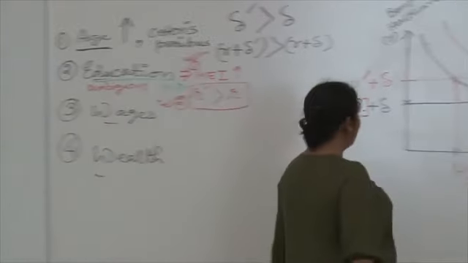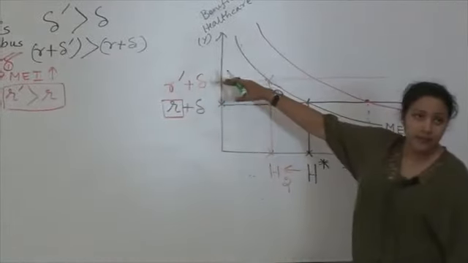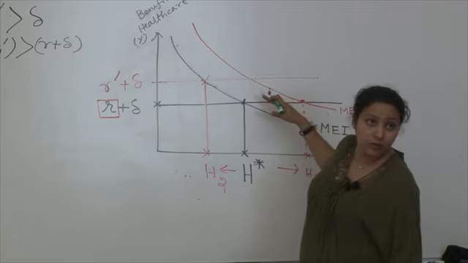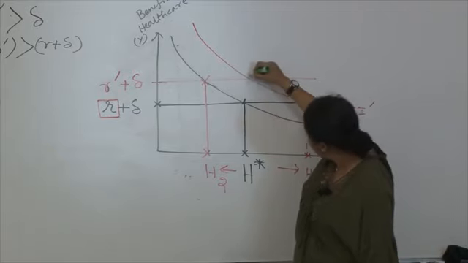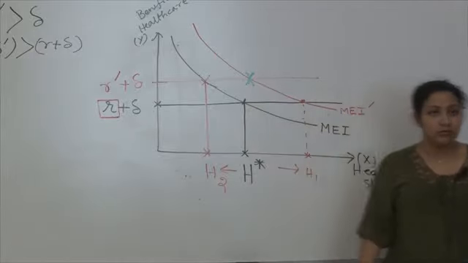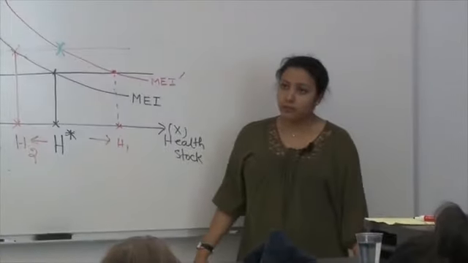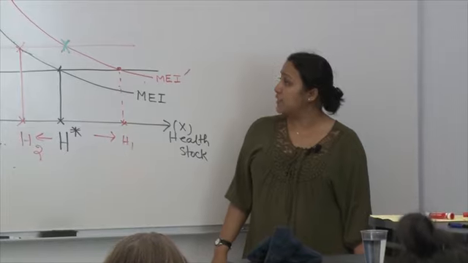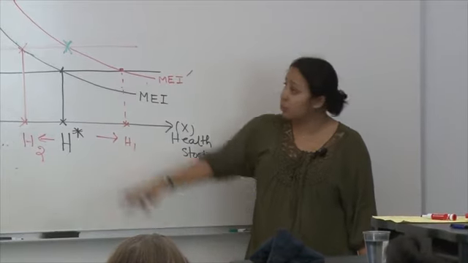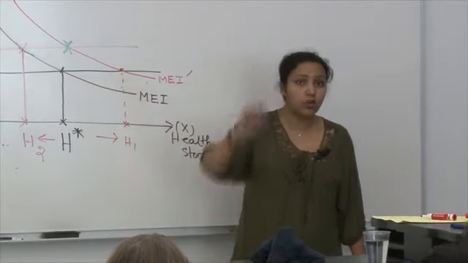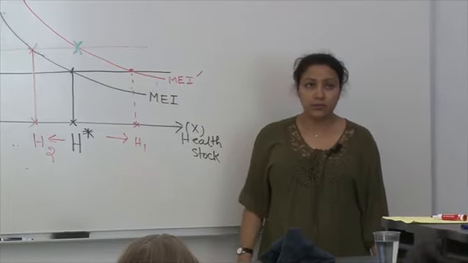What would that mean? That would mean this is higher and that has also moved out. So now my optimality point is the intersection of those two new curves or lines, whatever, the R dash plus delta line and the MEI dash line, because now that is and, like Josh was saying, right?